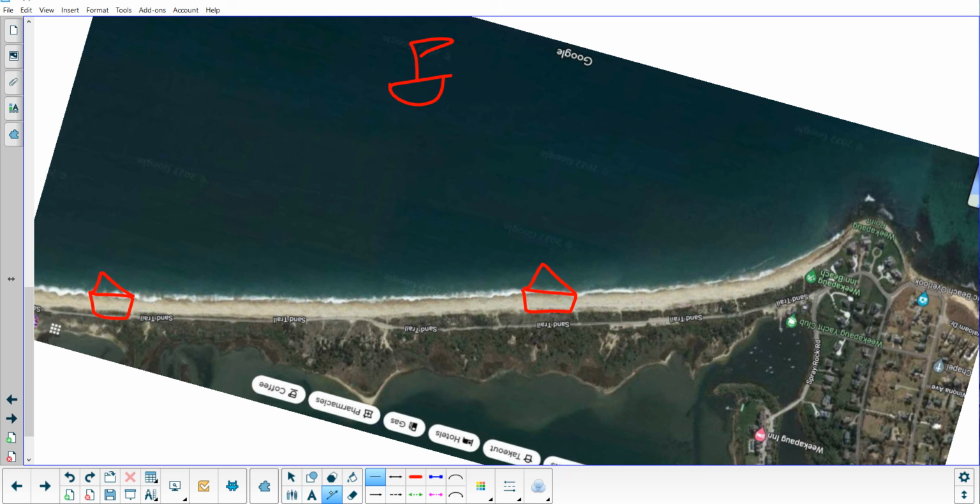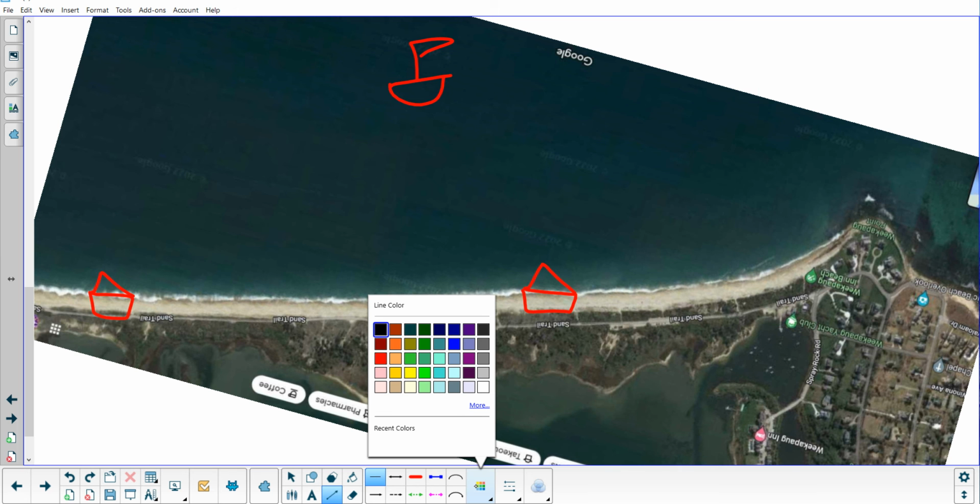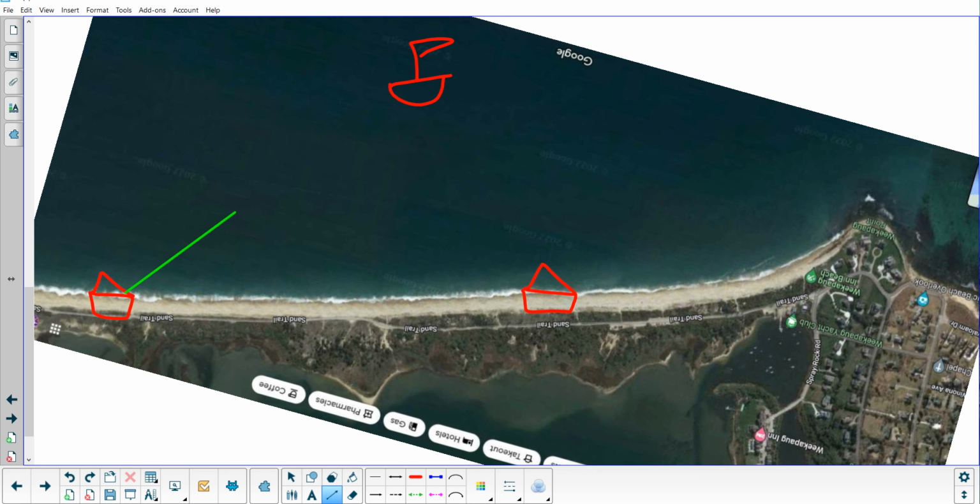Now what we're going to do is draw in a line, kind of like a line of sight, straight from each Coast Guard station to the boat. So put in a line, we make it so you can see it. Yeah, it shows up here.